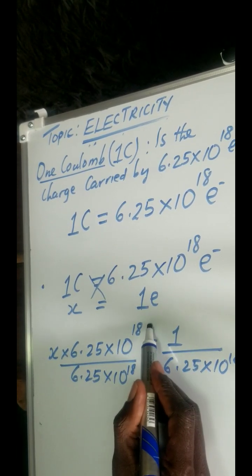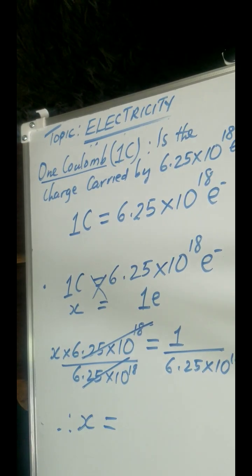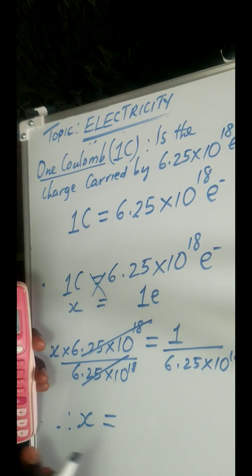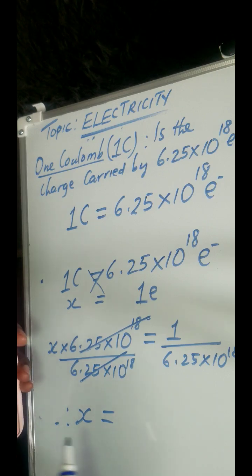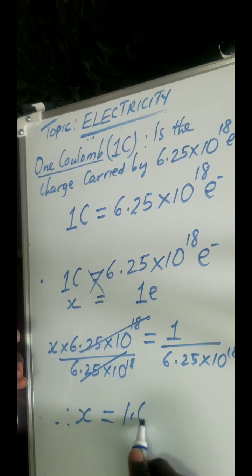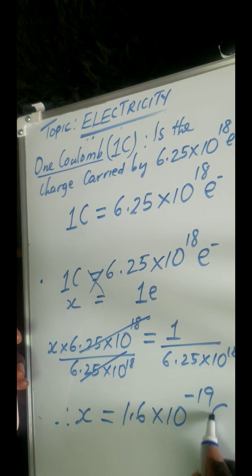This and that cancel, and I remain with just x. If you key in 1 divided by 6.25 exponential 18 on your calculator, it gives 1.6 times 10 raised to the power negative 19 coulombs.